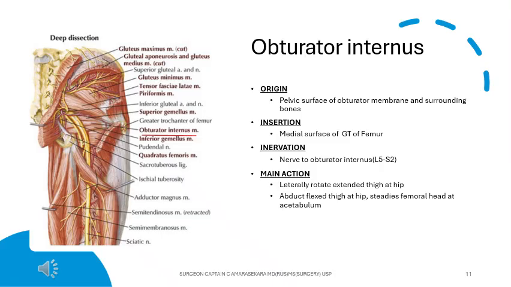This broad origin within the pelvis allows the muscle to funnel through the lesser sciatic foramen, making a sharp turn before inserting into the medial surface of the greater trochanter of the femur.